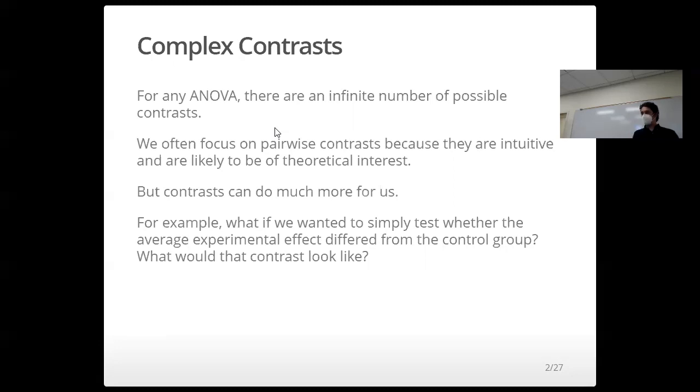Anyone want to guess what the contrast would look like? So when we tested A against control, we did 1, 0, -1. What would A and B against control be? Yeah, 0.5, 0.5, -1. Exactly.